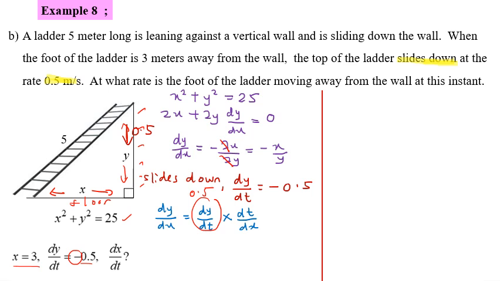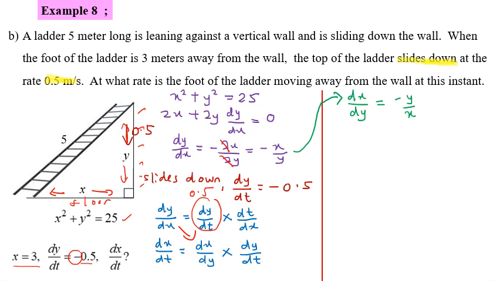You want to find dx/dt. So we make dx/dt the subject. With that, we need to reverse dy/dx. Now it will become dx/dy. And then dy/dt remains the same. Okay.